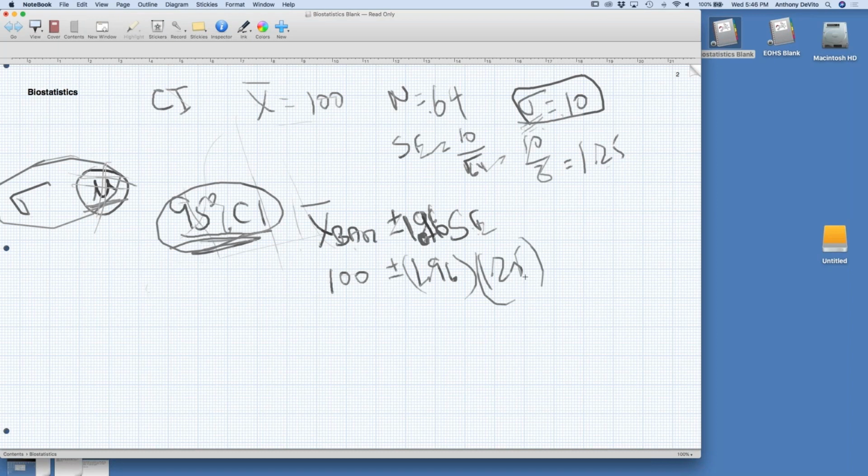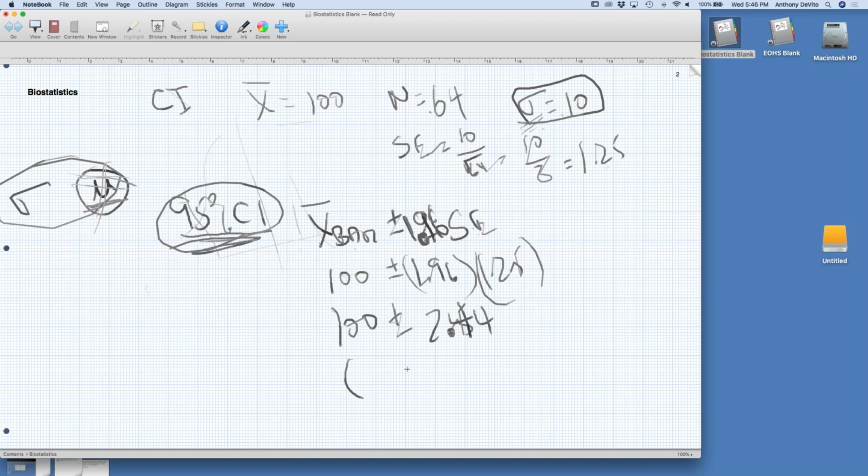Now do what I say, not what I do. I'm going to just use 2 here, to save time, but don't do that. Don't round until the very end, if at all. 2 times 1.25 is going to be 2.5, right? And in fact, I'm going to just call it 2.44 because I think it's probably going to be closer to that, right? So it's 100 plus or minus 2.44.